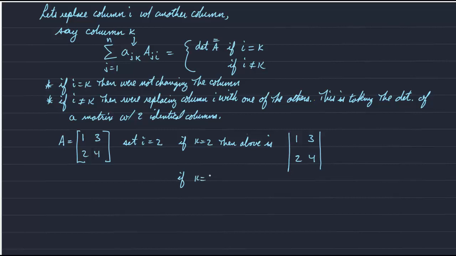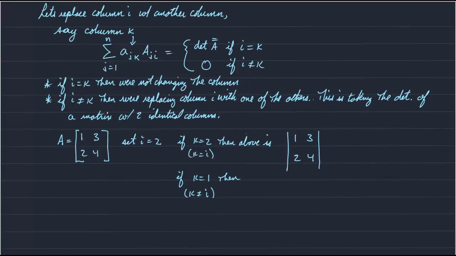But if k is equal to 1, that means that k is not equal to I. The first case, k was equal to I. So let's compute this. Again, we have j going from 1 to 2. The first term is when j is equal to 1, and k is equal to 1.